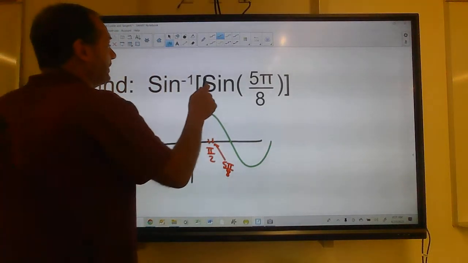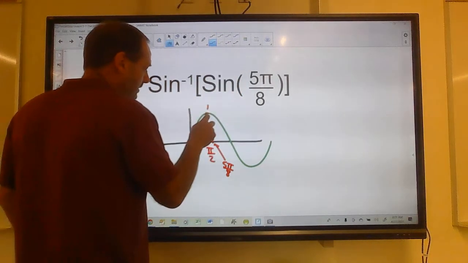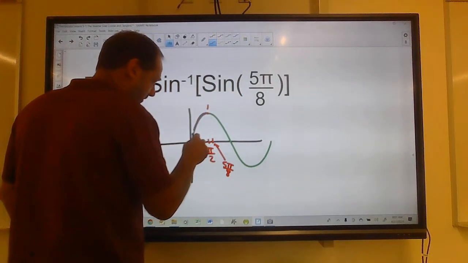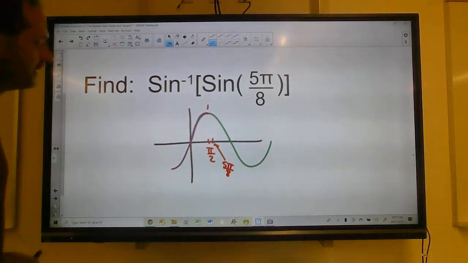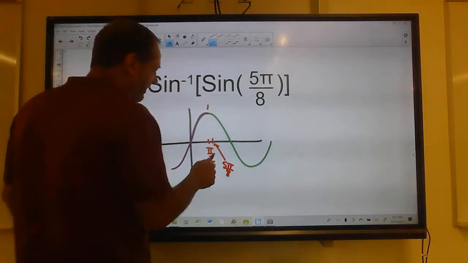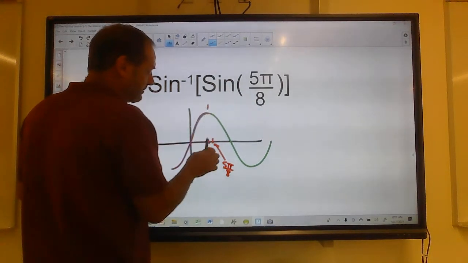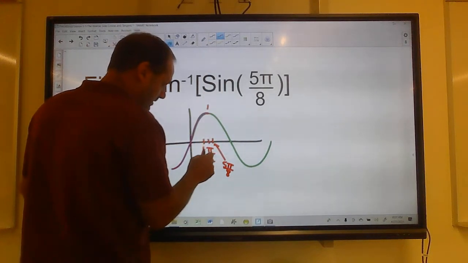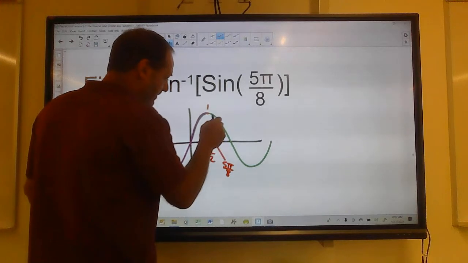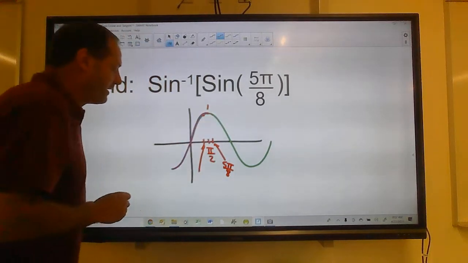Now, I can only arcsine if I'm on this part of the curve or if I'm over here. So I've got to find something where I'm in this purple range right here. This is a line of symmetry right here. So all I have to do is go the same distance over here, because if I have 5 pi over 8, my answer is right there. Well, where am I going to get the same answer right there?